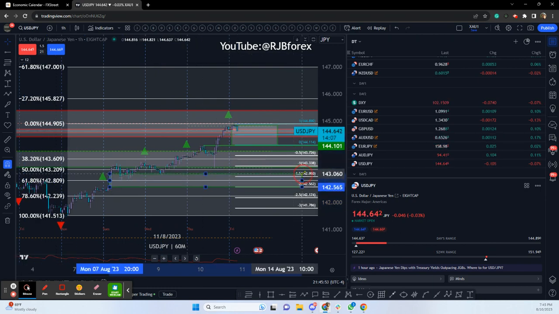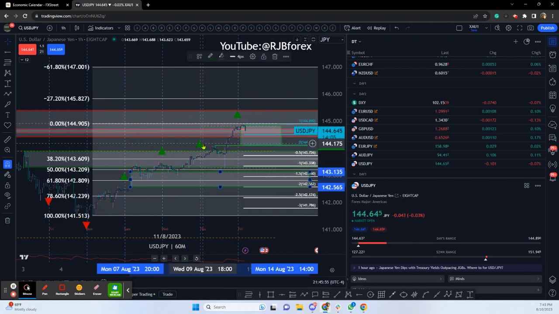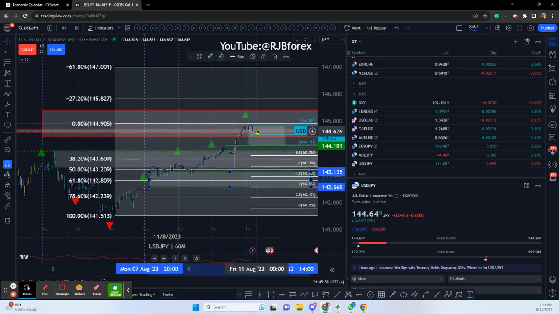Is in and around this area. So this is noteworthy for targets on the way down.